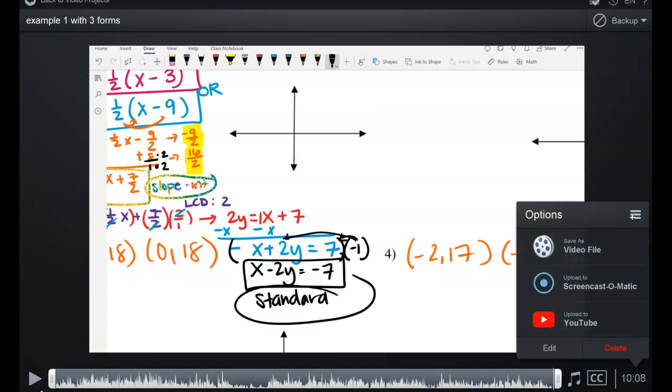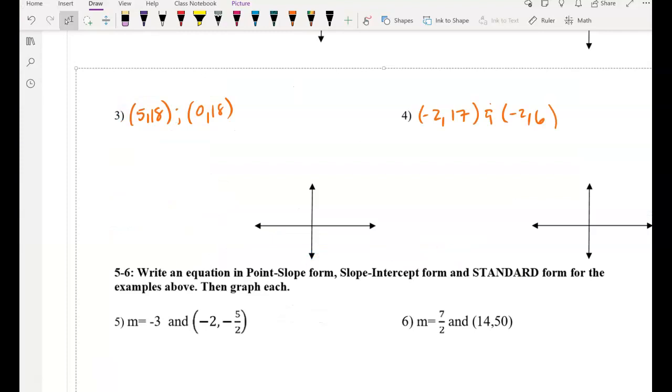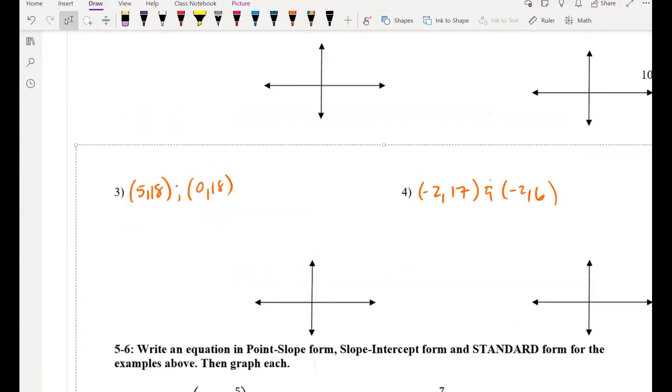All right, guys, so as you remember, we got it down to the standard form. So our next task, for this example, is to graph it out. So I'm going to move to a new screen because this was the recording from last time. So we are going to go up to this one.